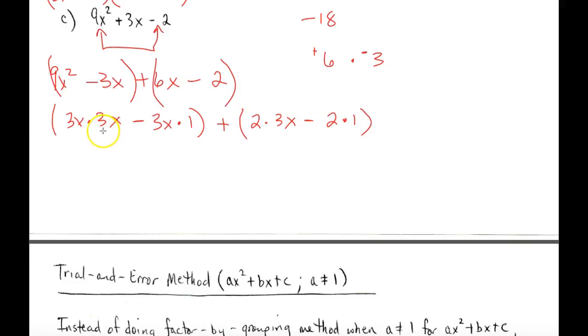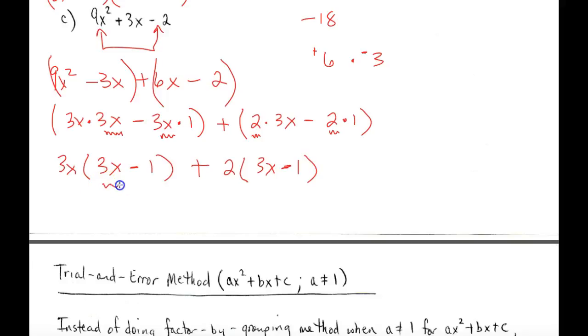And so from that, you see that we have a common factor of 3x in the first group here. So we factor that out, and we just have 3x minus 1 left. And then for the next one, we have a common factor of 2. So we factor that out, and we have 3x minus 1 left from there.